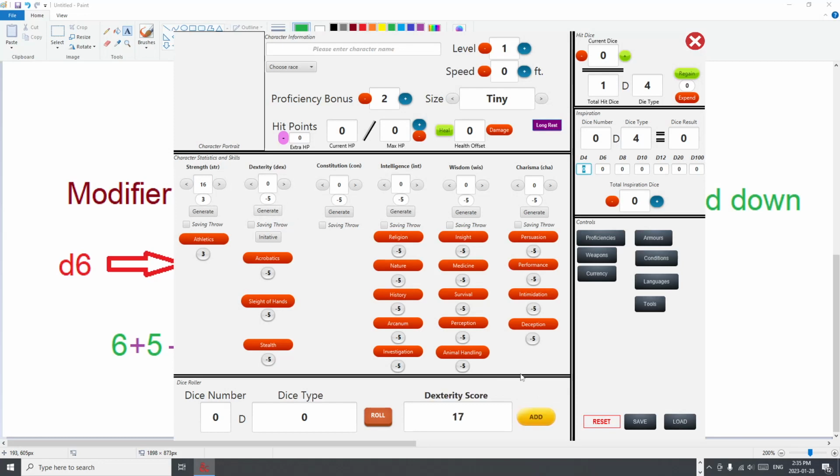For dexterity, yeah, I will use the good numbers. Constitution 14, then intelligence 15, then for wisdom 15 as well, and charisma 14. So as you can see, we have selected our statistical scores, and we have also calculated the statistical modifiers.